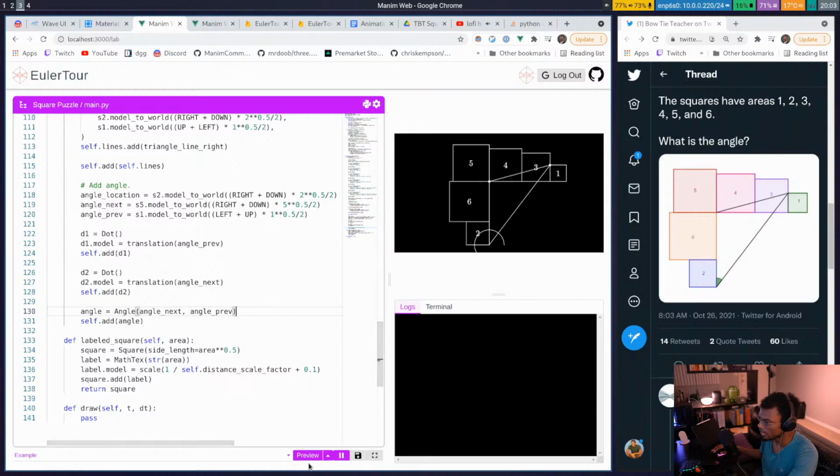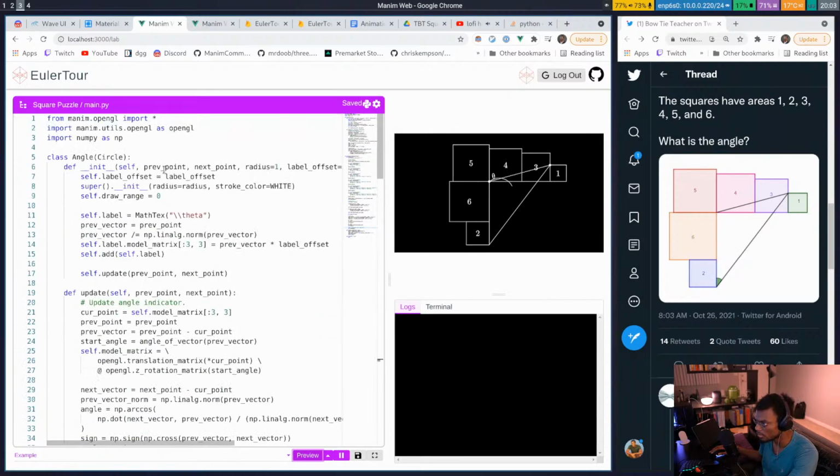Let me not do that with the model. Oh, then do prev and then next. Can't tell if it's starting to work or not.